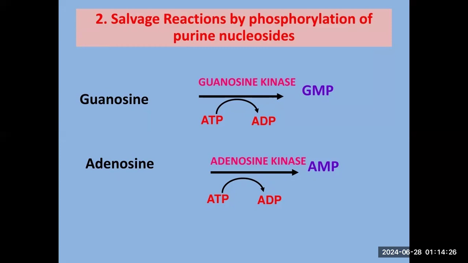Remember, wherever in a reaction a phosphate is added to the substrate, then the enzyme is kinase. Adenosine, in the presence of adenosine kinase and ATP, is converted into AMP. In this case, we are simply phosphorylating the purine nucleosides.